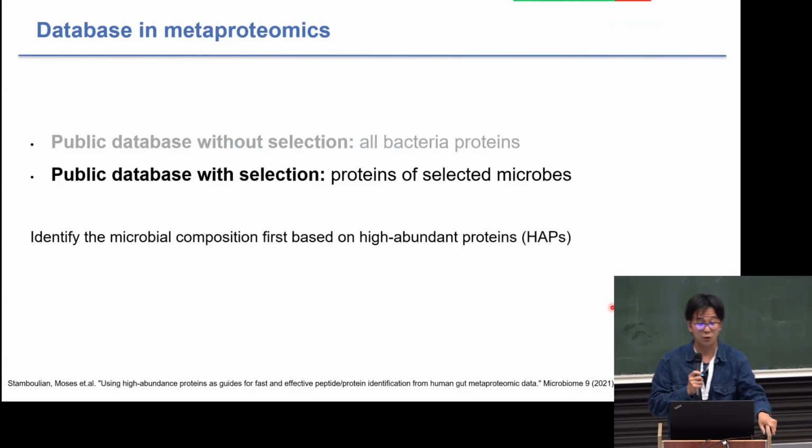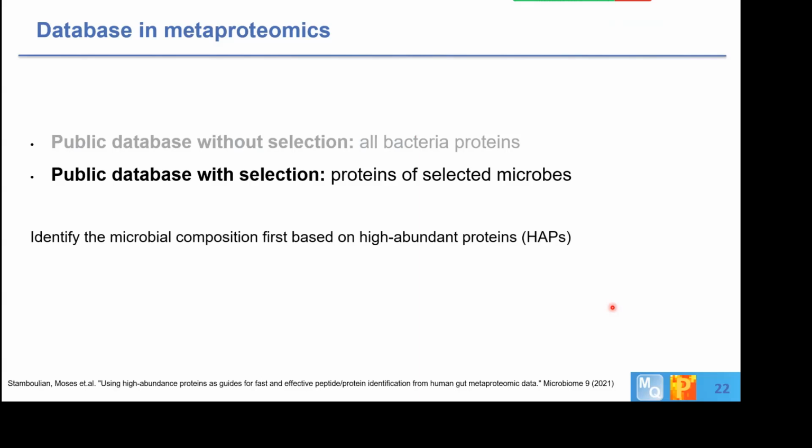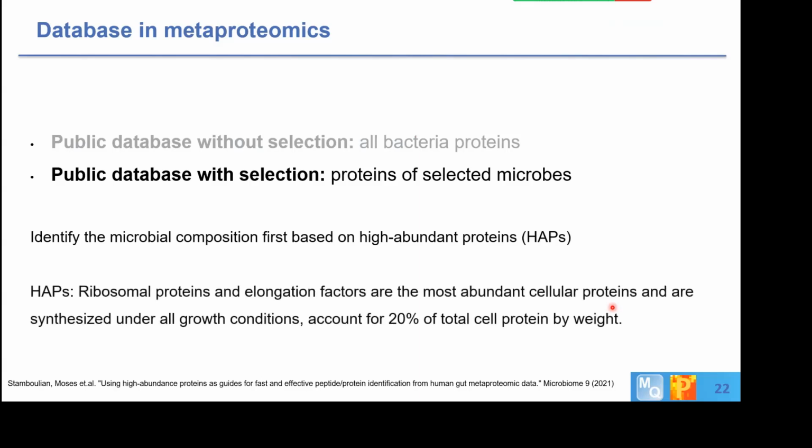So first of all, they will identify the microbial composition based on high abundant proteins, which is in short HAPs. So what are HAPs? HAPs are basically the most abundant proteins, which are mainly ribosomal proteins and elongation factors, because they are the key proteins that play a very important role in protein translation.